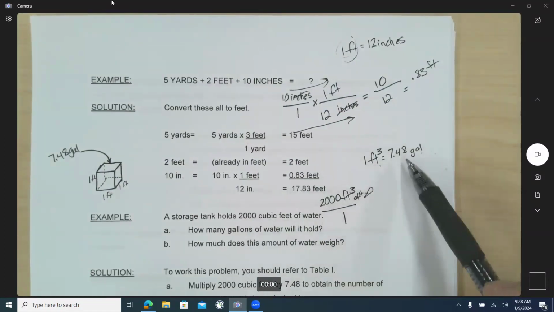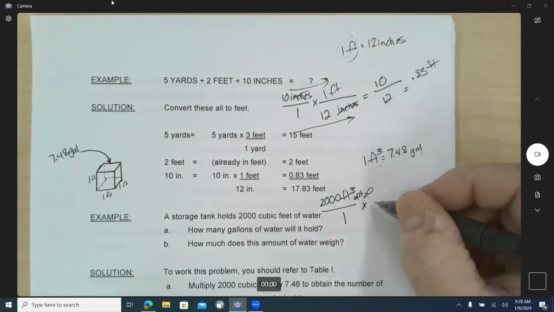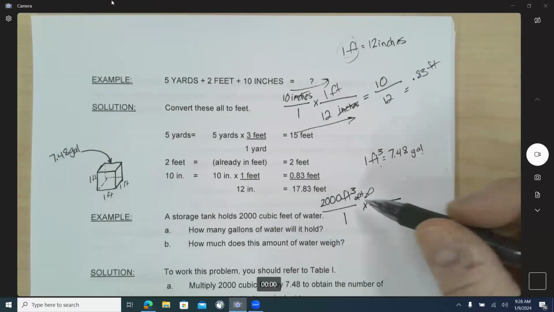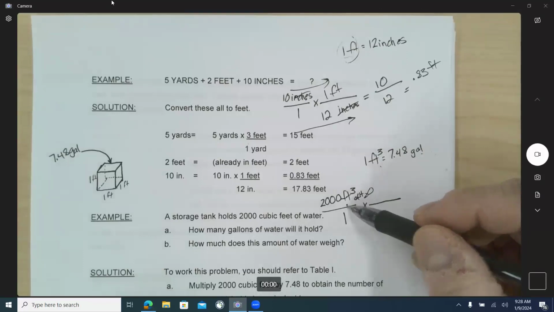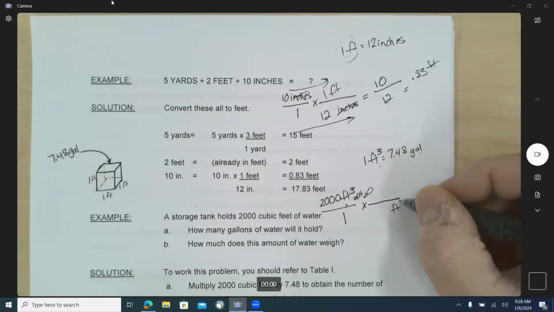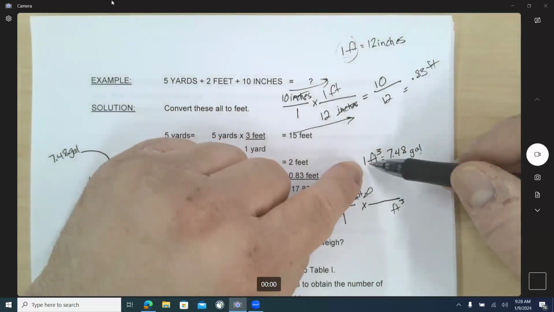So just FYI, how much it weighs is totally different. Obviously, stuff weighs different, so it's going to weigh more or less per cubic foot. But as far as how much volume, it's universal. Okay, so if cubic feet are on top, where do they have to be to cancel? They have to be on the bottom. Well, how many cubic foot? This is where you need to look at your conversion factor.